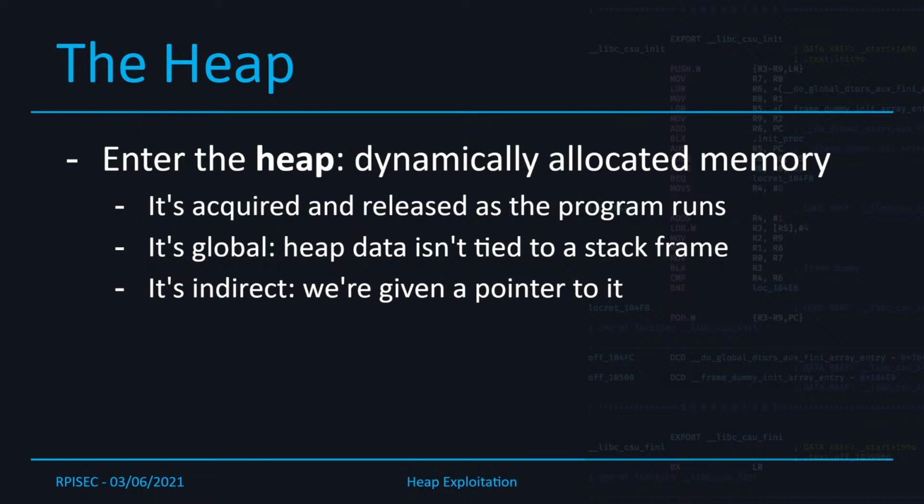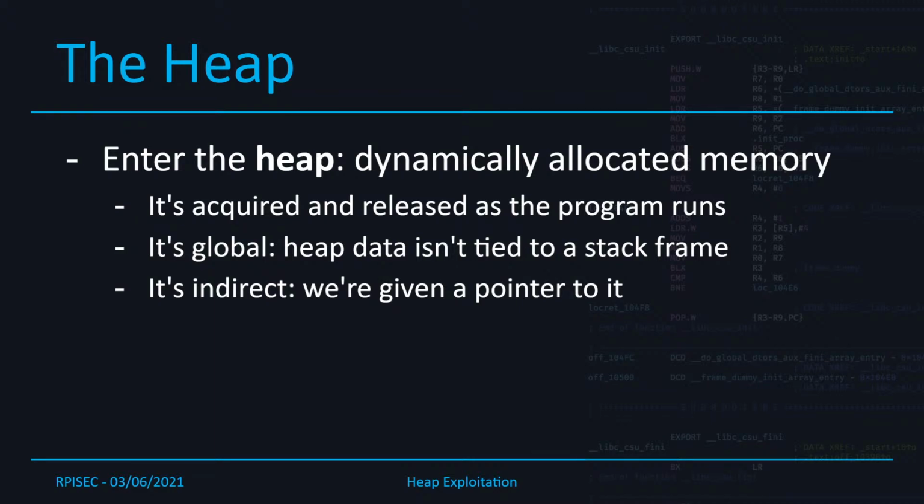The heap is a collection of dynamically allocated memory, which means that unlike statically allocated memory, we don't know ahead of time exactly what's going to be done. So it's acquired and released as the program runs, and the pointers you get to it are not necessarily deterministic. They could vary from execution to execution, depending on where the heap winds up and how the heap is being used up to that point.